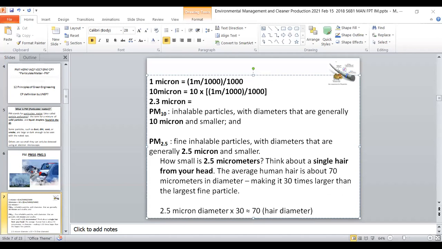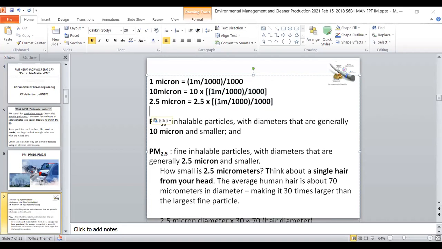So 2.5 micron size means, anyway, environment is not maths, but it is good to have this understanding. 2.5 microns means 2.5 times 1 micron, which is one thousandth of a millimeter.